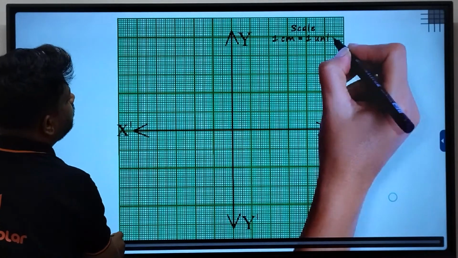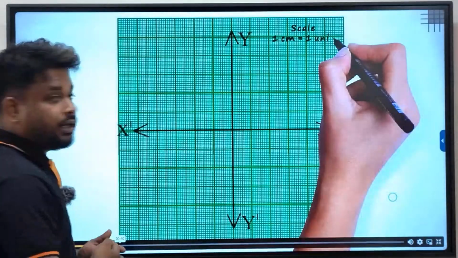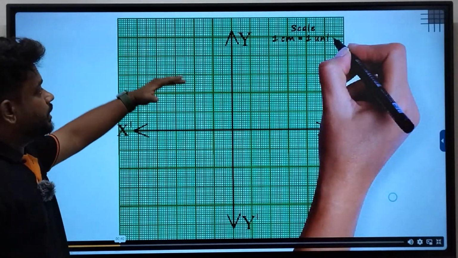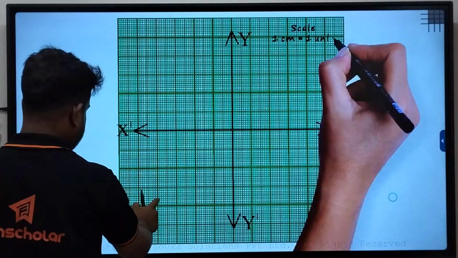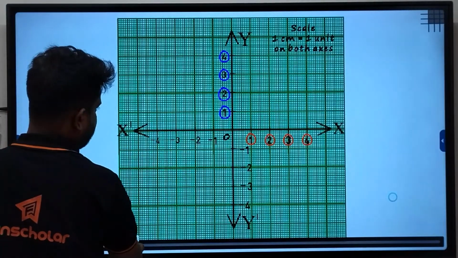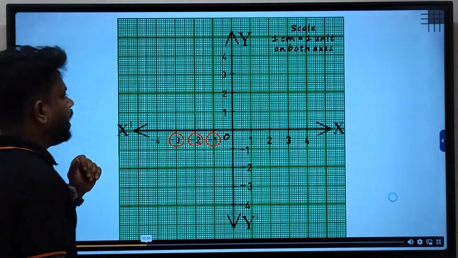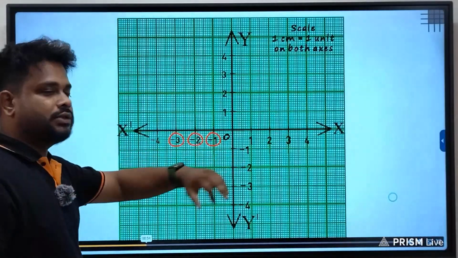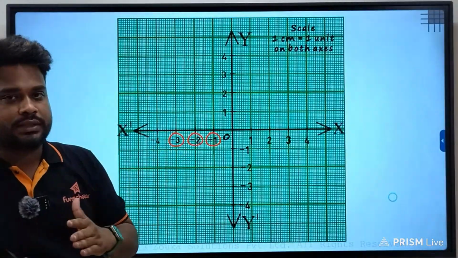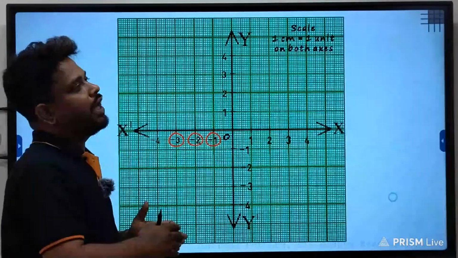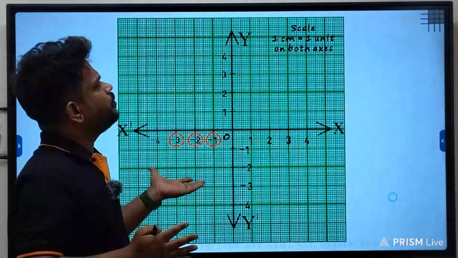Okay, so what we have learned from this video is that this is a graph paper where these two are the axes, the x axis and y axis, and we are putting points onto it. We have already discussed the x axis and y axis in coordinate geometry and in many chapters.